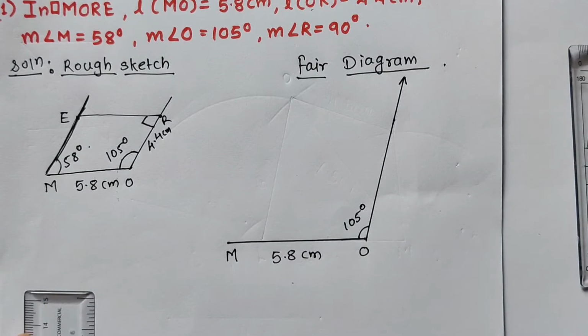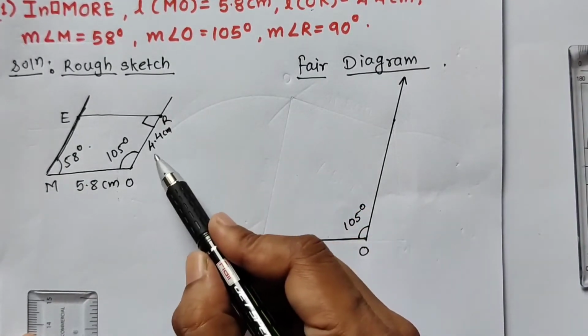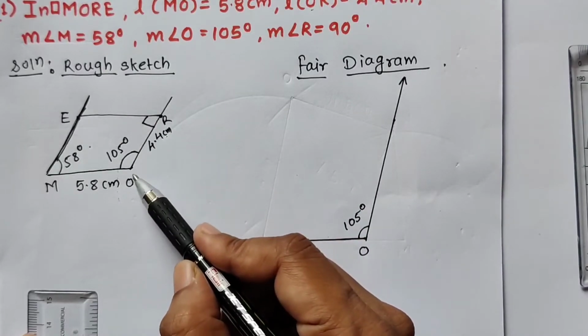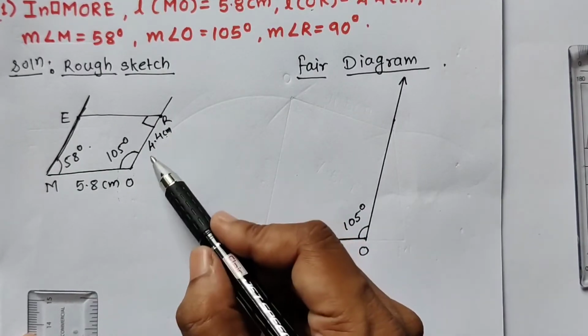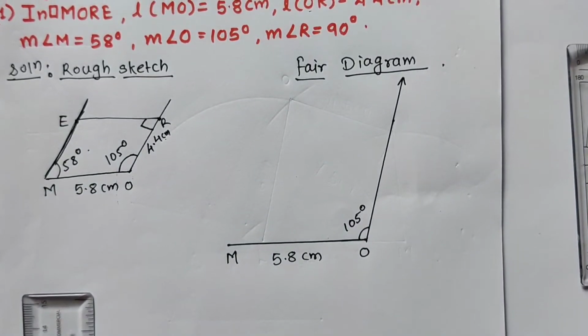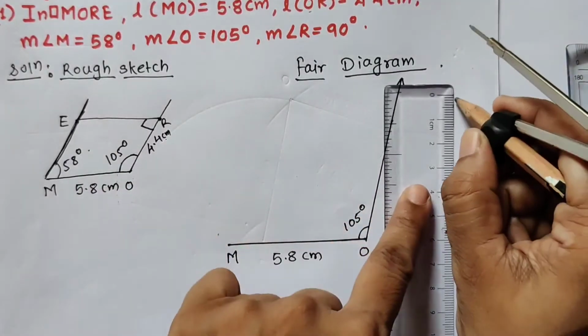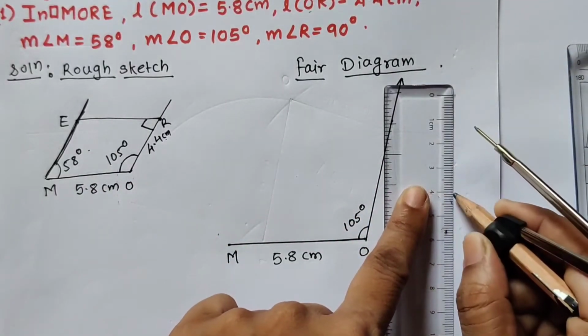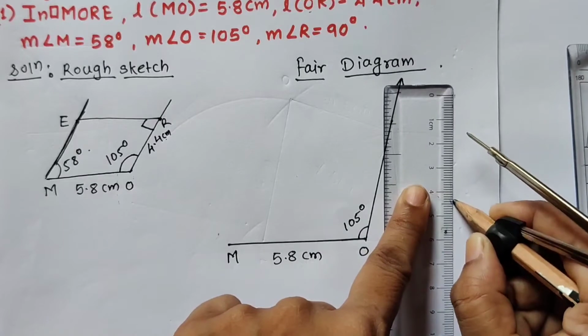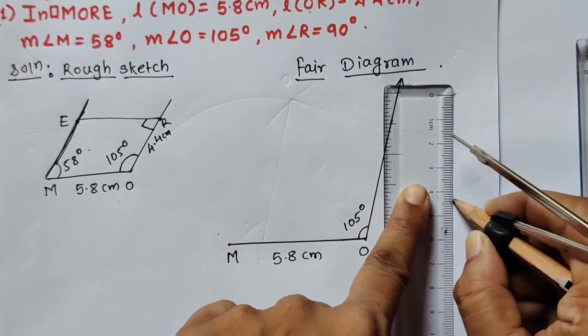Okay. Now we have to fix the position of this point R. Point R is 4.4 centimeter from point O. OR is 4.4. So I am going to take 4.4 centimeter distance in my compass. 0 to 4.4. After 4, fourth line. I have put a point at 0 and then 4.4.